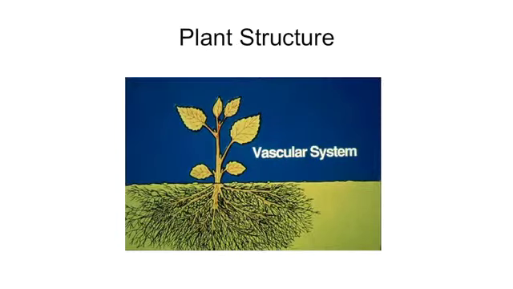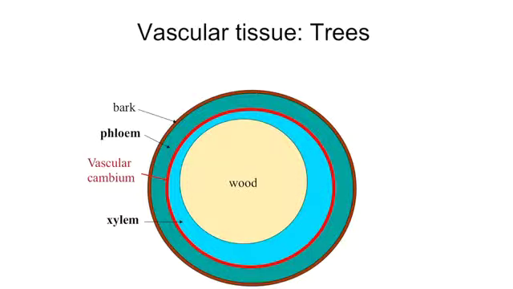Stems also contain the vascular tissue, which enables the plant to move those compounds throughout it. And that vascular system reaches from the very tip of every leaf all the way down to the tip of every root and goes through the stem. There's two primary components: one is the phloem, one is the xylem.